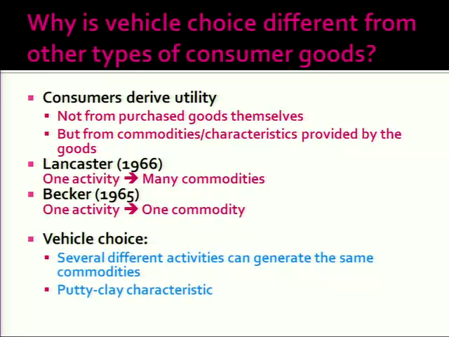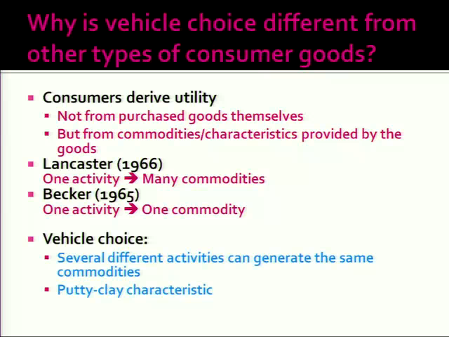So vehicle choice is very much the same. Before you actually make a big purchase like a car, you can switch between, for example, biking or getting a Zipcar or taking the MAX. But after you actually engage in the choice of a vehicle, you're in the clay stage. So after you purchase a vehicle, you're sort of stuck in that stage.